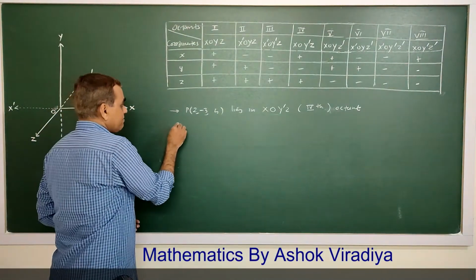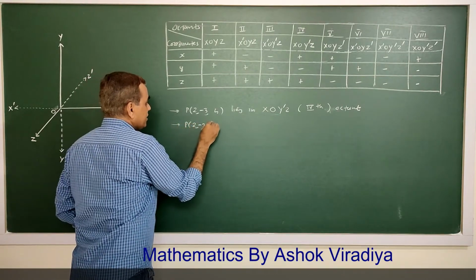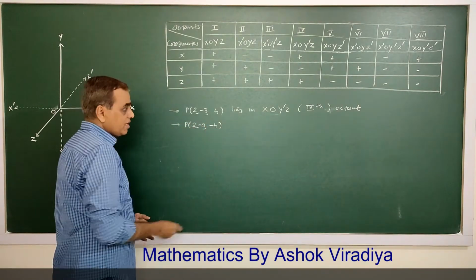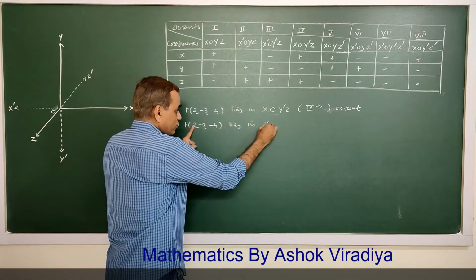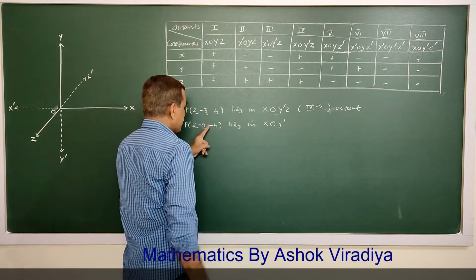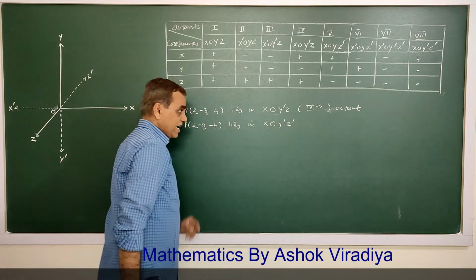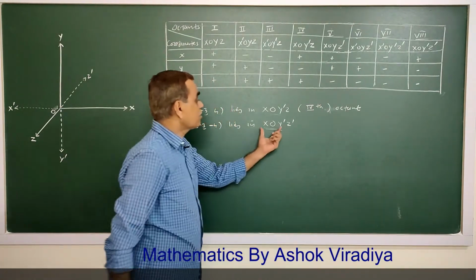Then if I put here P (2, -3, -4), then this lies in, say x positive, then put o, y negative, put dash, z negative, put dash. Now this part defines the fourth quadrant.